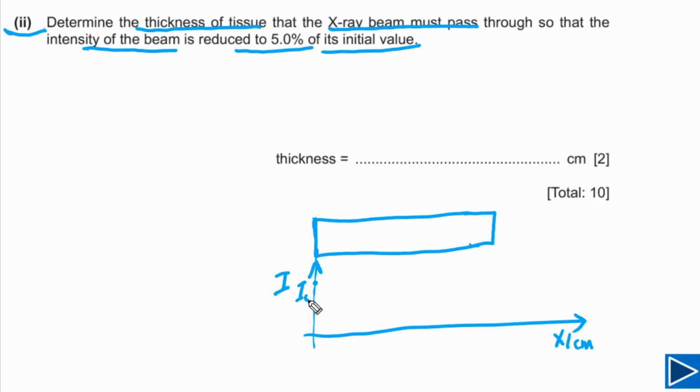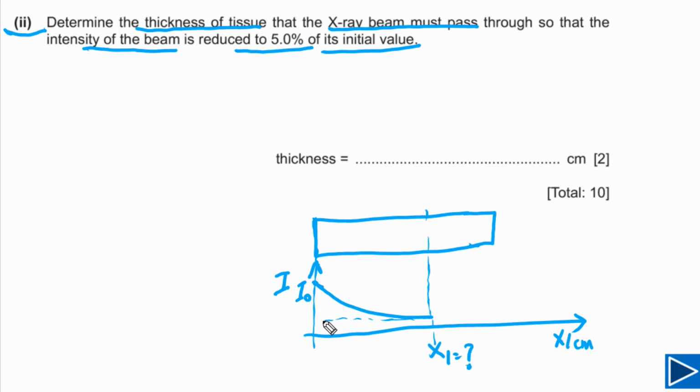Let's say the initial intensity of X-rays is I naught. When they pass through the body, the intensity will decrease. We need to find the value of x when the intensity becomes 5%. Let's say this is x1. We need to find the value of x1.